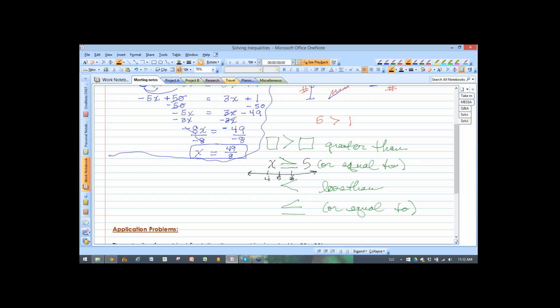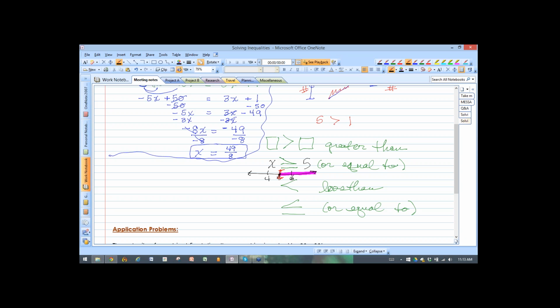We shade towards wherever the alligator's trying to munch, so we shade values greater than 5. The or equal to symbol is telling us what to do with the 5: it's telling us to include the 5. What you'll see is a squared off bracket. This will include the 5.